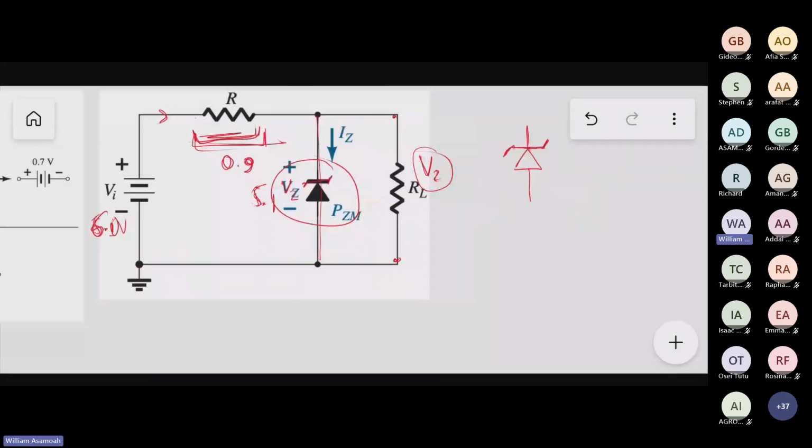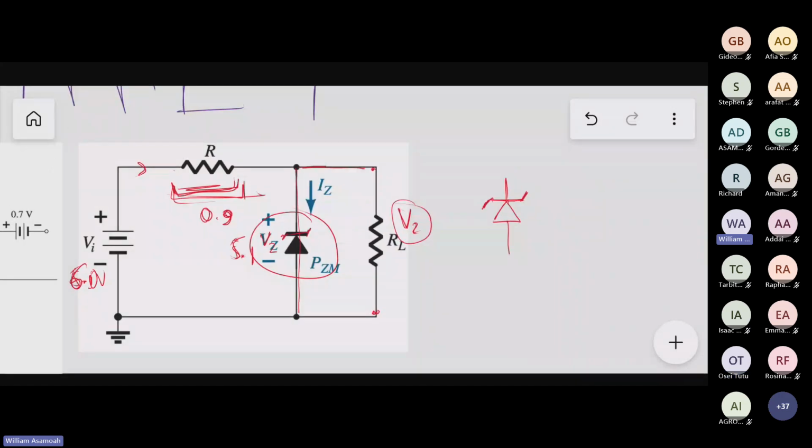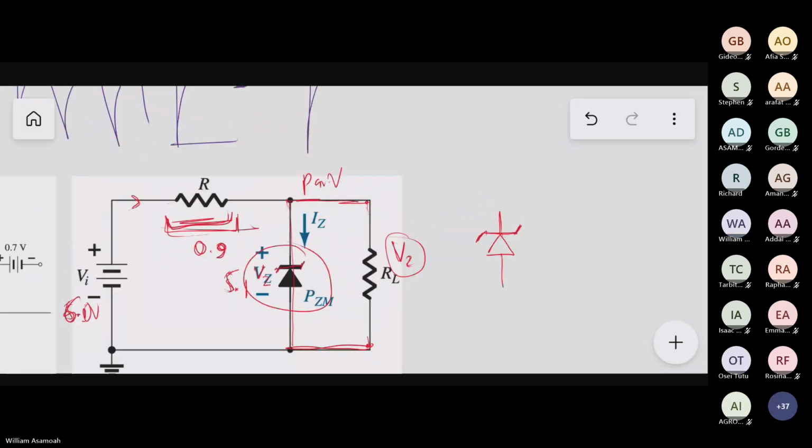Now, if that is the case, when I connect any device or load in parallel across that Zener diode, we told you that in parallel, voltages are the same, and in series, current is the same.